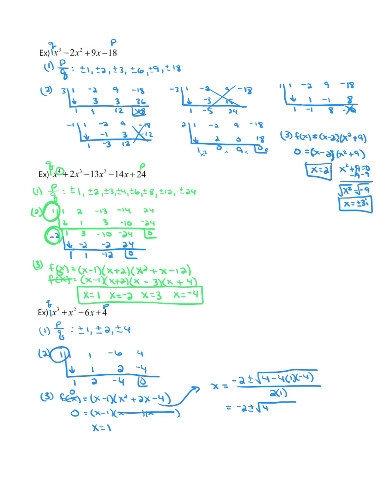Negative times negative is positive, so it'll be a plus. 4 times 4 is 16. 2 times 1 is 2. 20. The 20, I can break it down to 4 times 5.